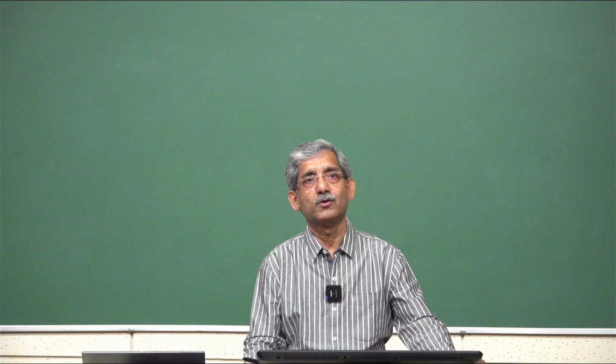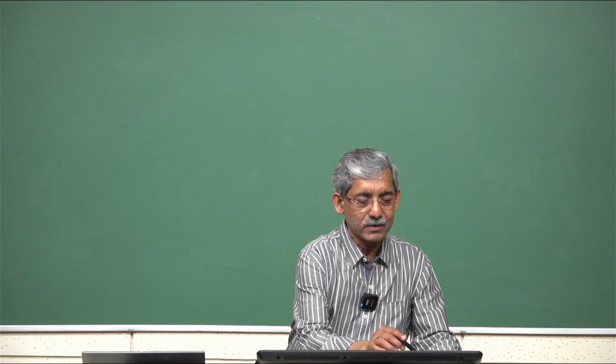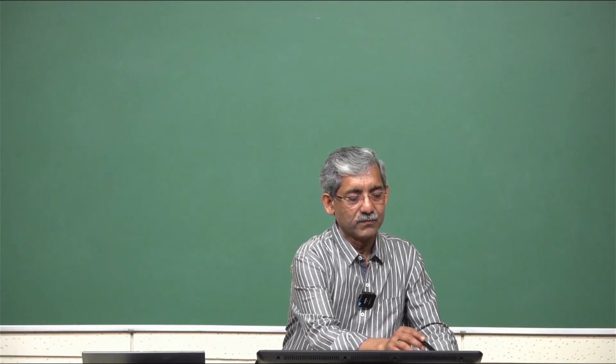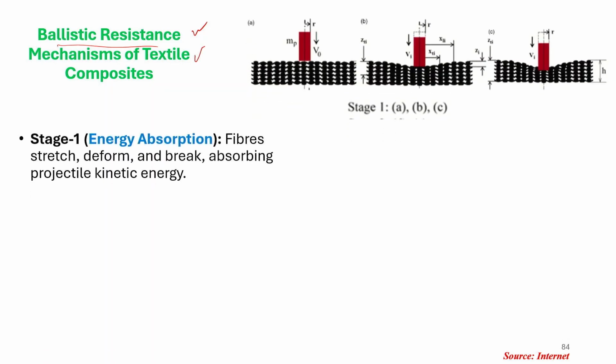Now, let us try to understand the mechanisms, the different stages of protection by the textile composites. In stage 1, when any projectile hits the composite material, there will be deformation, and this deformation results in absorption of energy.